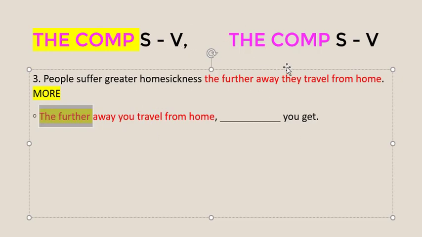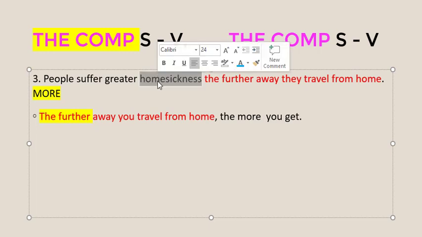the second part of the pattern, the comparative. We have to use the, and then the clue, more, and then we have to find the adjective, the more adjective. What is the adjective which can be taken from the words in black? The adjective which can be taken is homesickness, but homesickness is a noun. It means we have to change the noun into an adjective first.